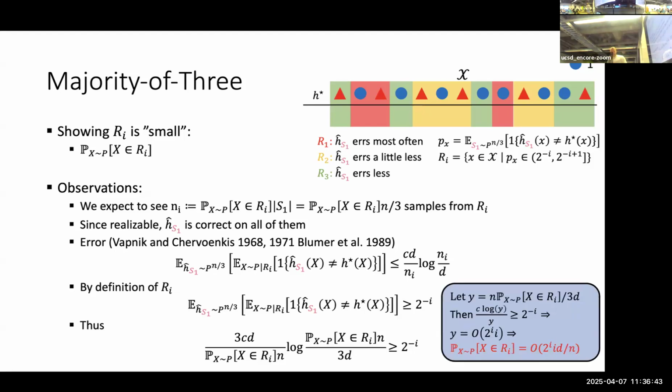If you work with this inequality, it's not too tricky to see, but what you end up with is that the probability of seeing a data point from this region is order 2 to the i times d over n. It's just playing around with it. So basically what it's saying is that if you often err on this region, the region has to be small because otherwise the total error would be too high. That's the intuition.